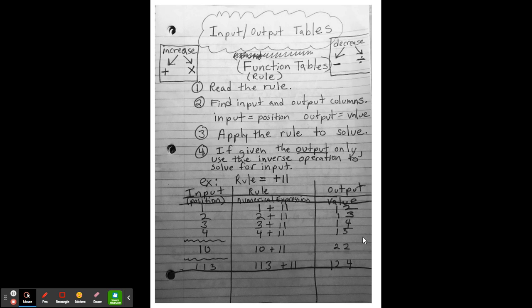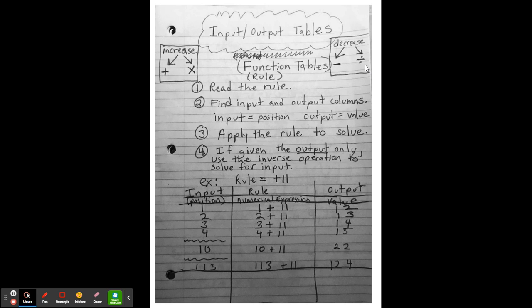If your output is smaller than your input, that means you have a decreasing table, and a decreasing table is going to have an operation of either subtracting or dividing. You can think about it similar to the do you have a total chart.